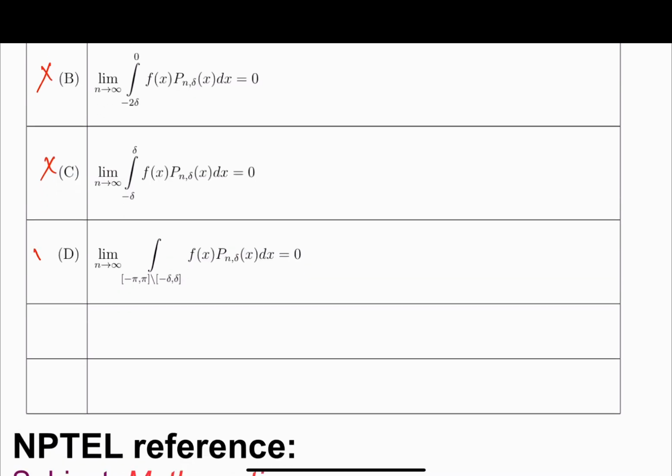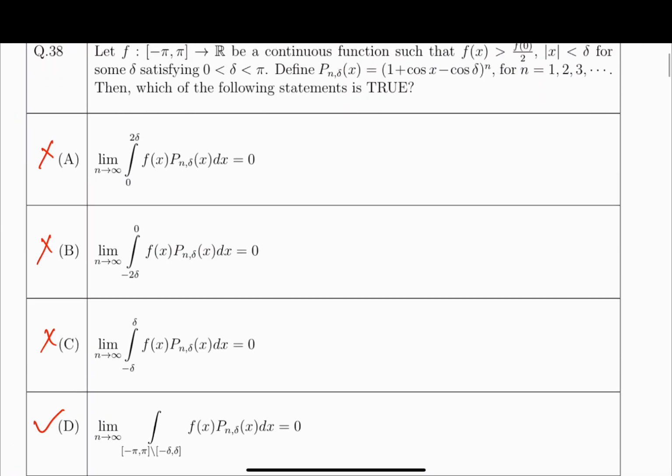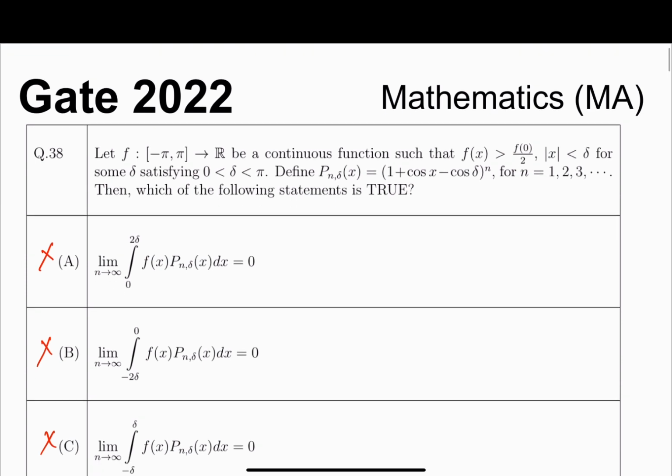And option D is correct because here it is outside the interval minus delta to delta, where p_n delta goes to 0. So the whole integral goes to 0, just by Fubini or something, as we have done. So option D is correct. Okay.